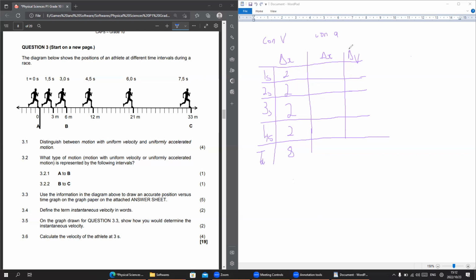Now a constant acceleration, let's say you're accelerating at 2 meters per second squared.